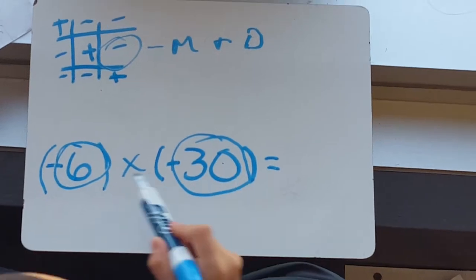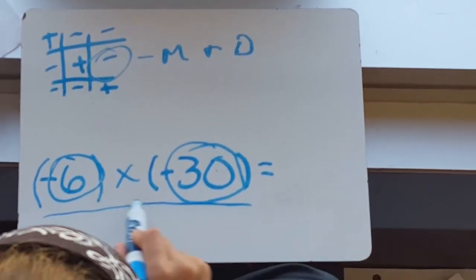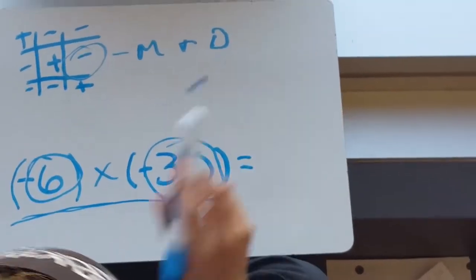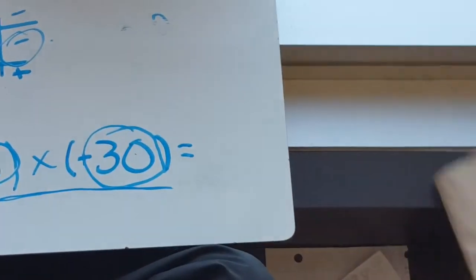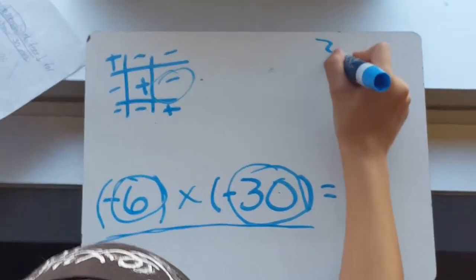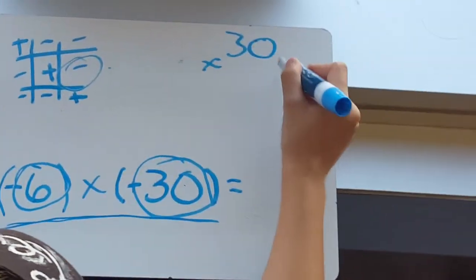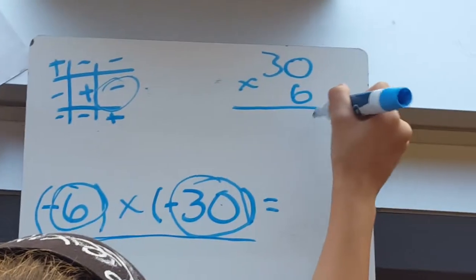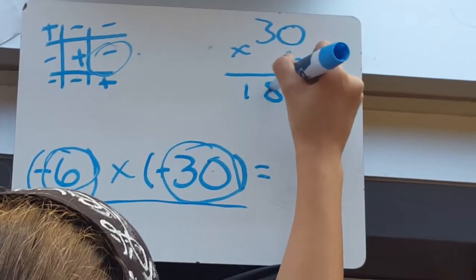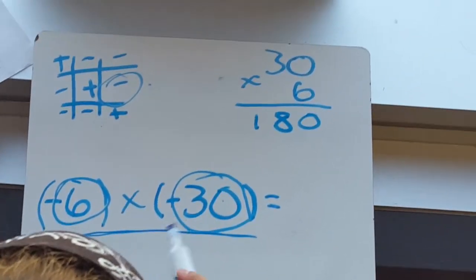So this first step is gonna kind of be like multiplying regular numbers. So you could just do 30 times 6, and it equals 180.